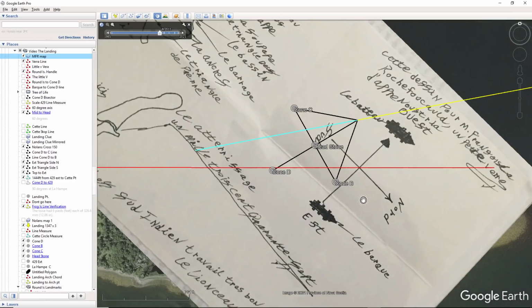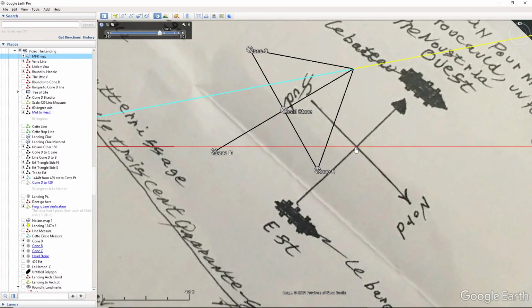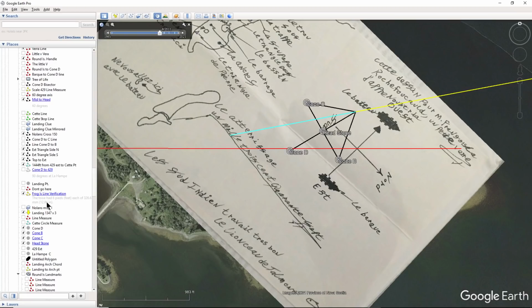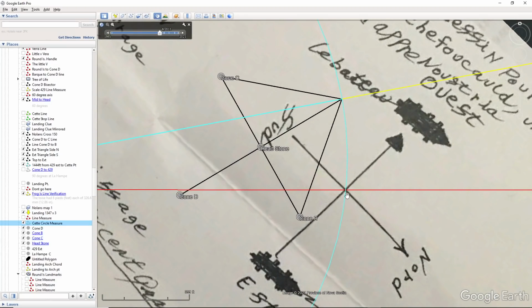One of the main purposes of this map is to locate this area or this center right here, which we interpret as becoming La Hump, which is in the La Formula. And if you take a circle that is 1347 pied, we already know that distance, but it also goes through the hump.